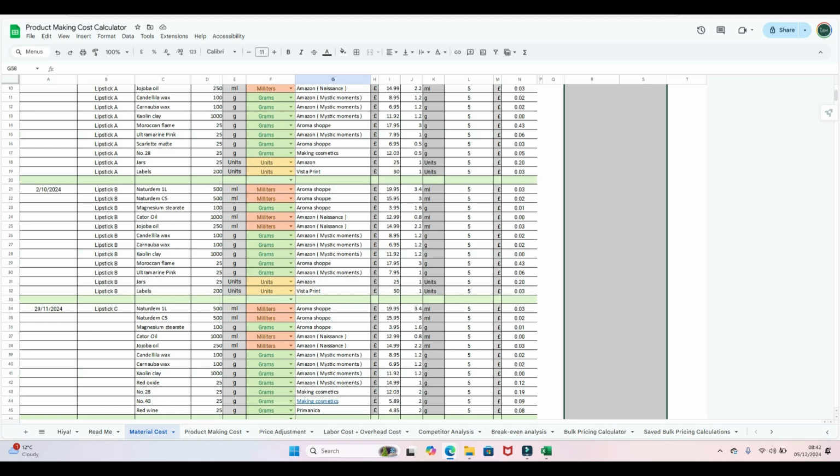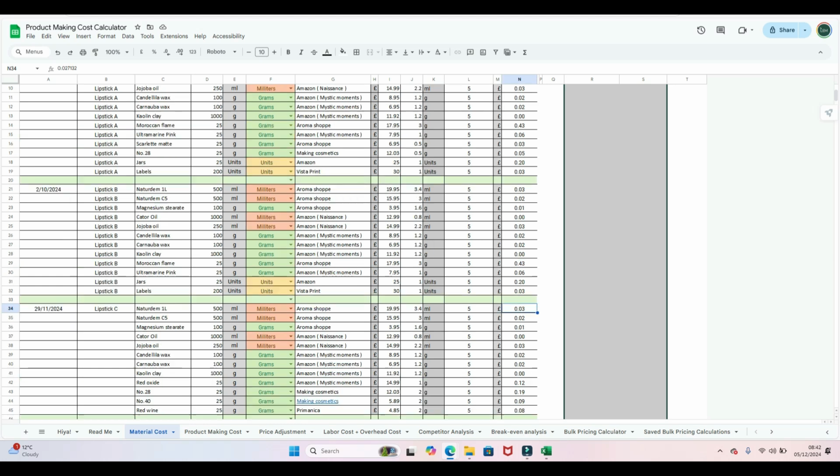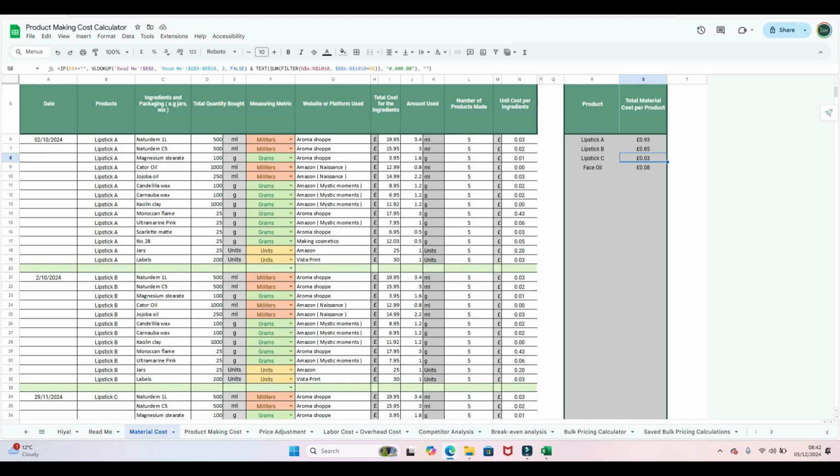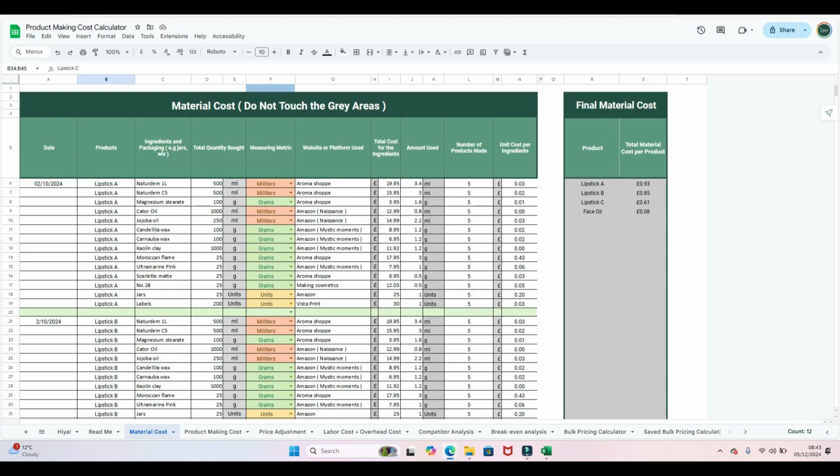The difference is if you only write the lipstick, for example, lipstick C is written in only one row, what's going to happen is it's calculated the material cost of this ingredient only to make 5 lipstick C. So what you're going to see is lipstick C only has this value here for the cost, and this is inaccurate, all right? That is why you need to add lipstick C on all the rows that has all the ingredients for that product, because then it will calculate the exact amount of lipstick C.